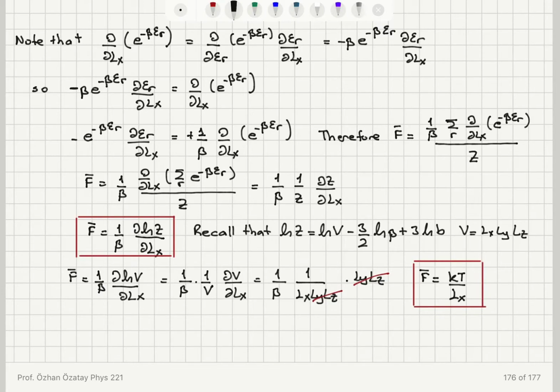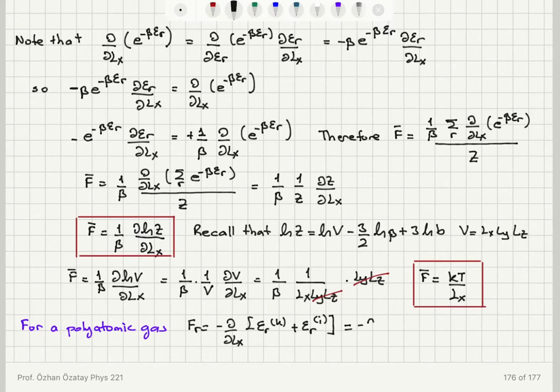Now, if I were to do the same thing for a polyatomic gas, in the energy term here, I would have for the force minus d/dLx of the translational kinetic energy, plus rotations and vibrations which are with respect to the center of mass, therefore no dimension dependence, they don't depend on the dimensions of the box.